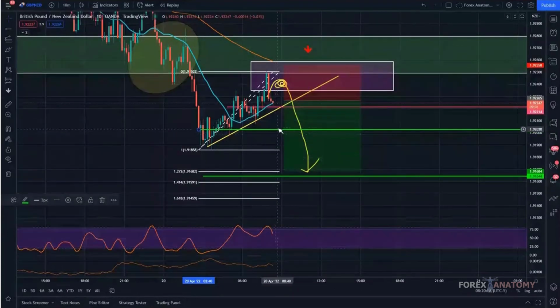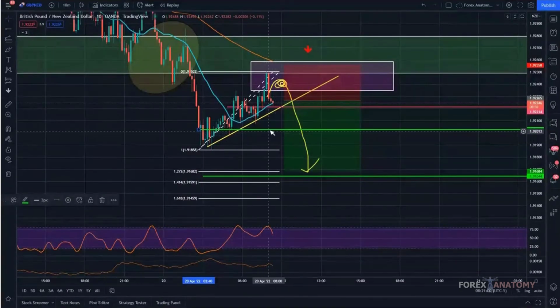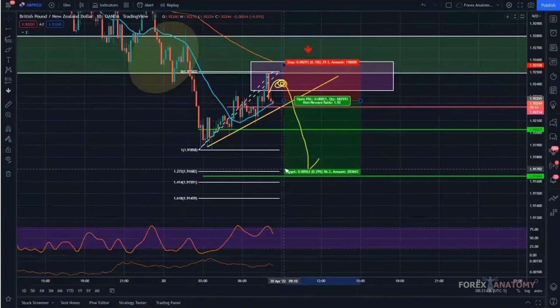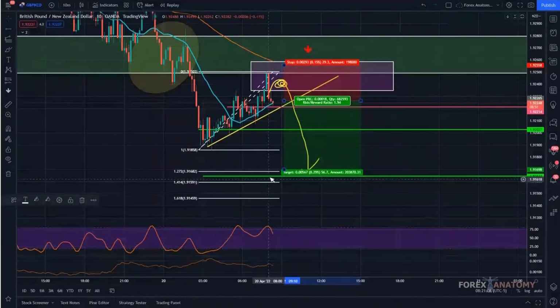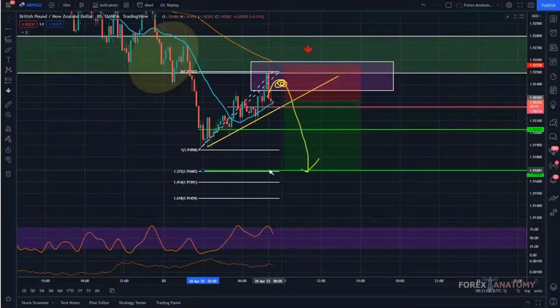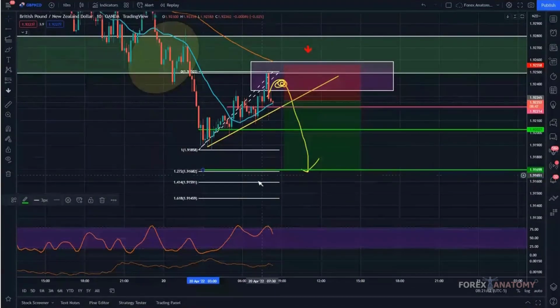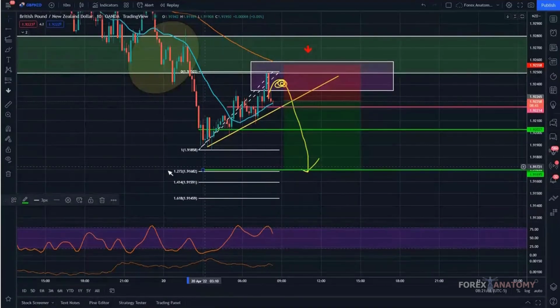Just take TP1 here because we don't know, this could be respected. TP1 1.9203, and then as far as your final TP, that's right around here at 1.917, you could say. So let me just do that right now.